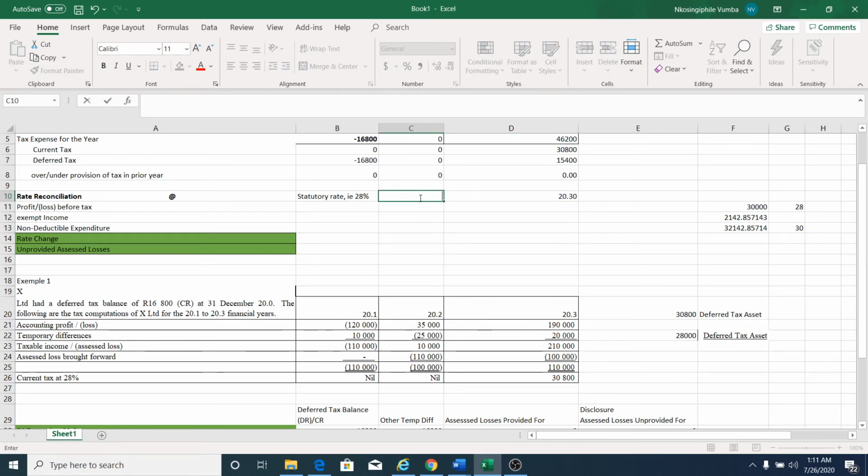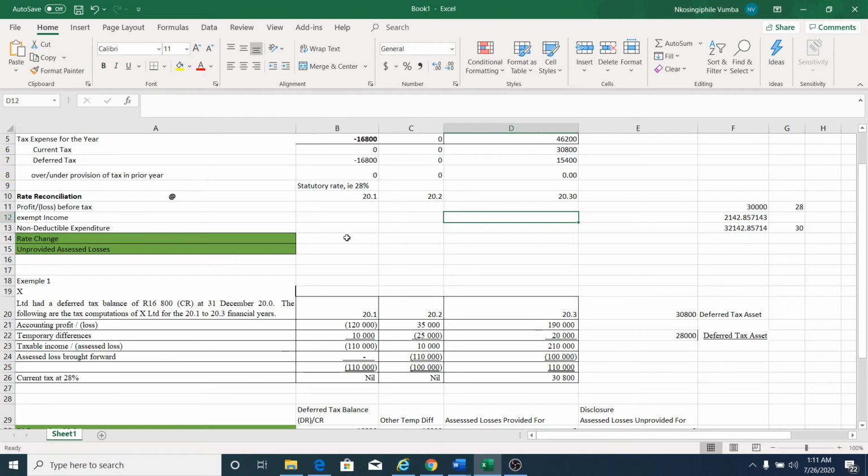This should be 20.2, and in here we should be having 20.1.